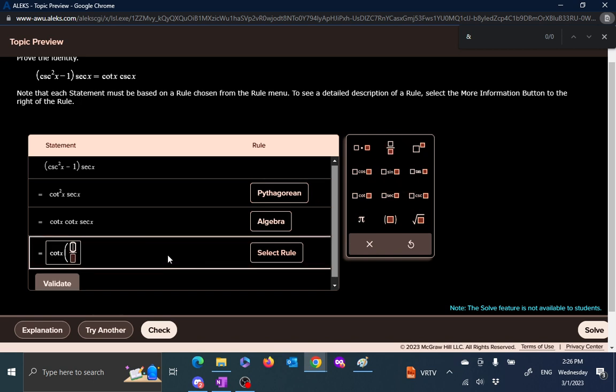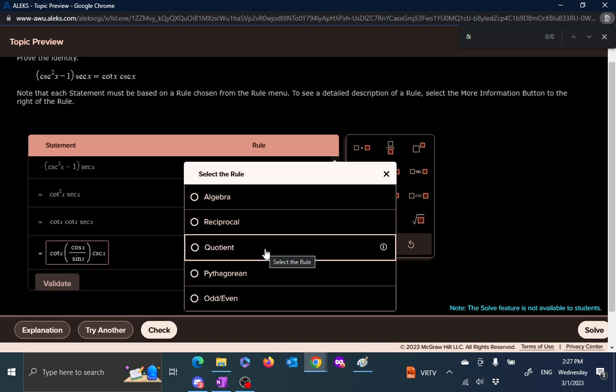Instead of cotangent, I write cosine of x over sine of x, and then I have my parentheses closed, and then I have cosecant of x. So all I did is that cotangent is that ratio, and that's a quotient identity. So let's see if it's happy with this quotient identity.